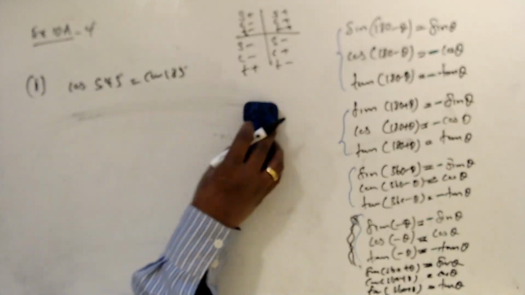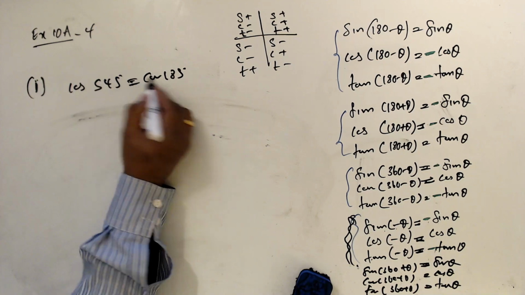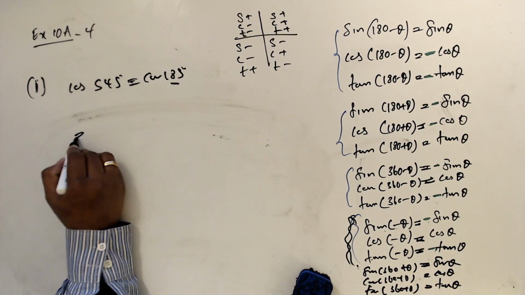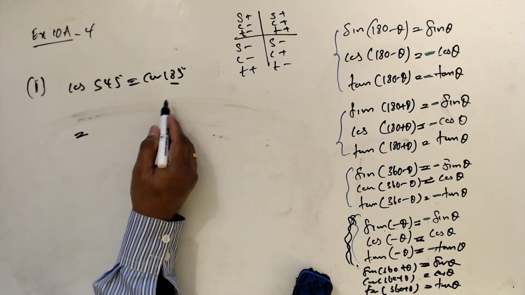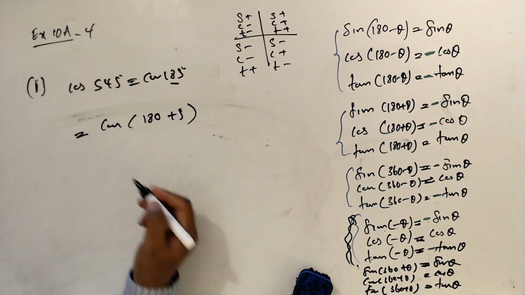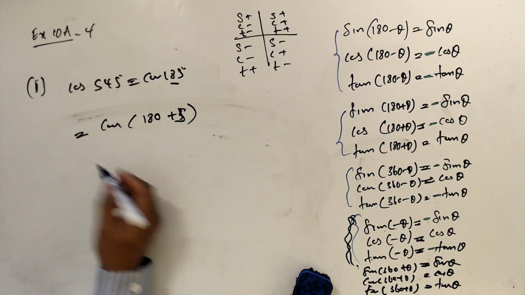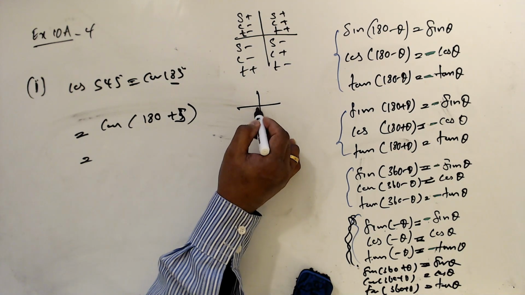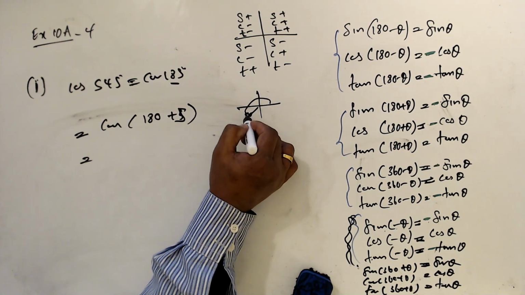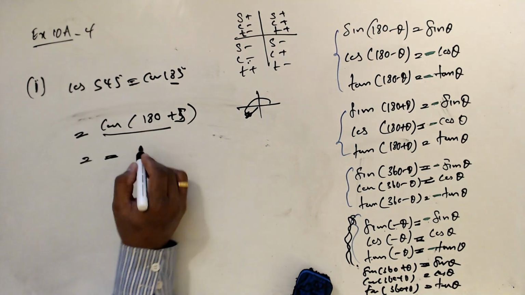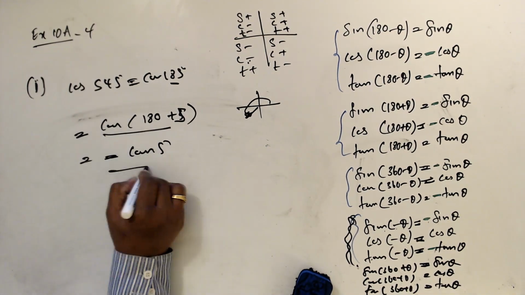Now I can write the equal sign because they have the same characteristics. 185 is not acute, so I want to make it acute and write cos 180 plus 5. Which quadrant is this in? Third quadrant, where cos is negative. So negative cos 5.